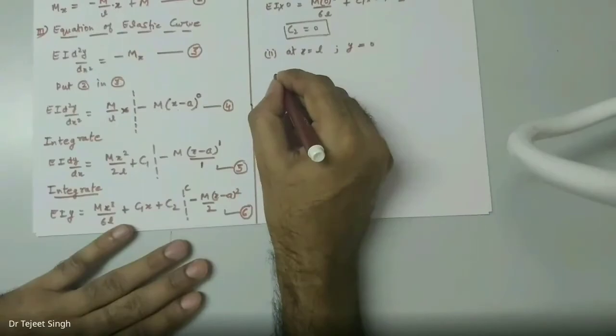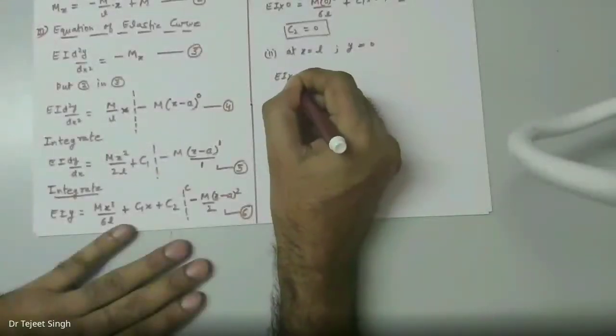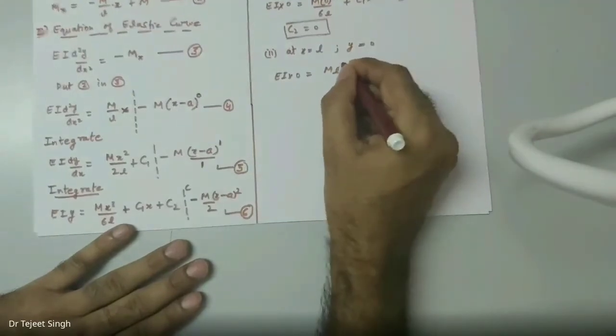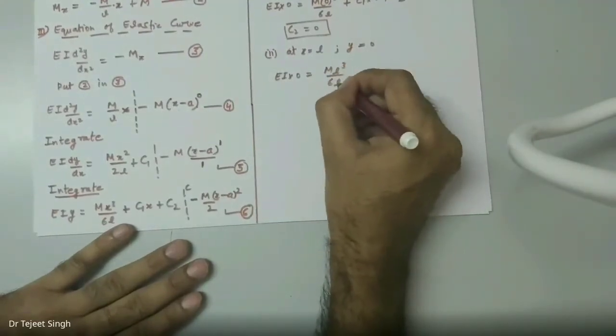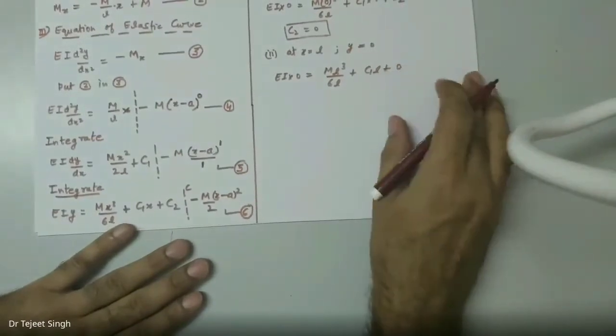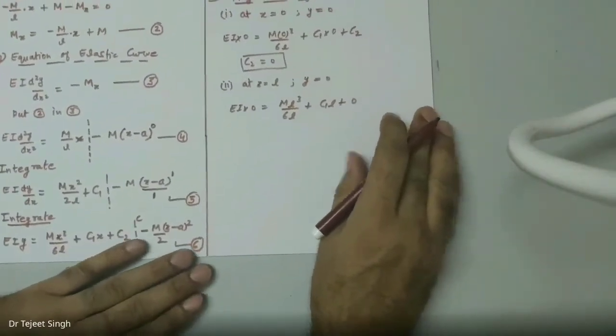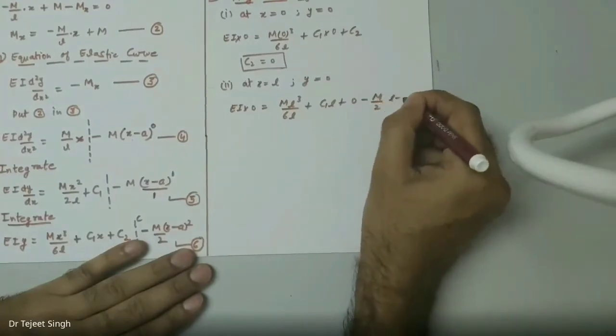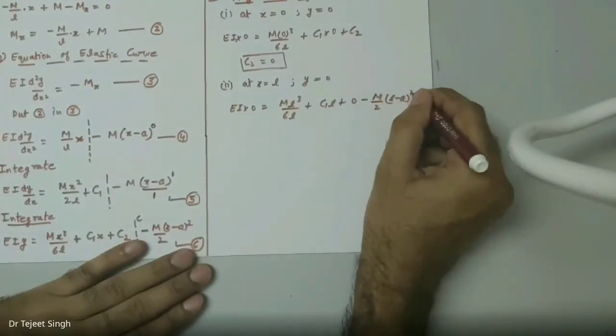So I write EI into 0 equals ML cubed upon 6L plus C1L plus C2 (which is 0), then minus M by 2 into (L minus a) squared.